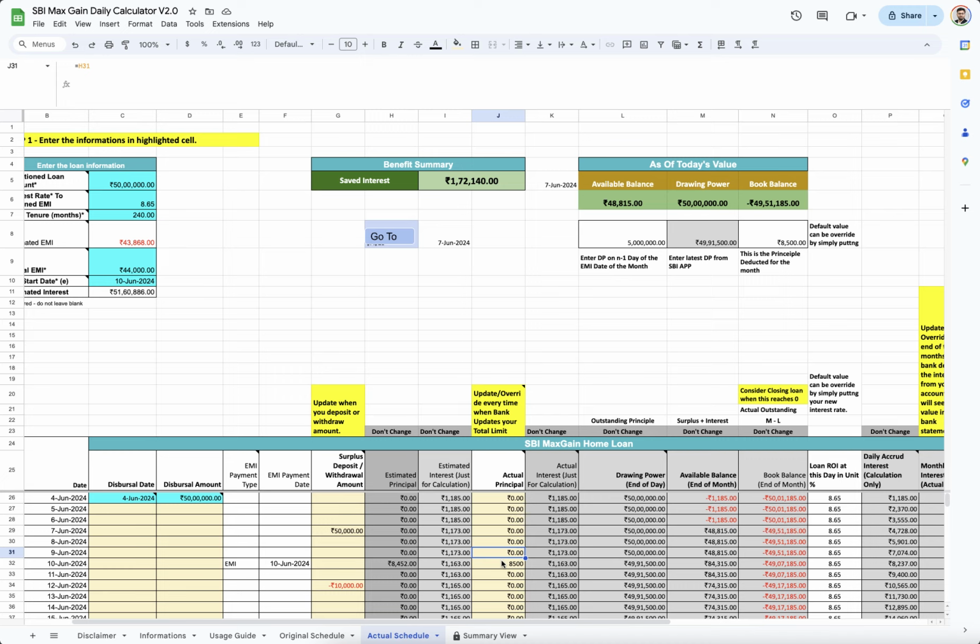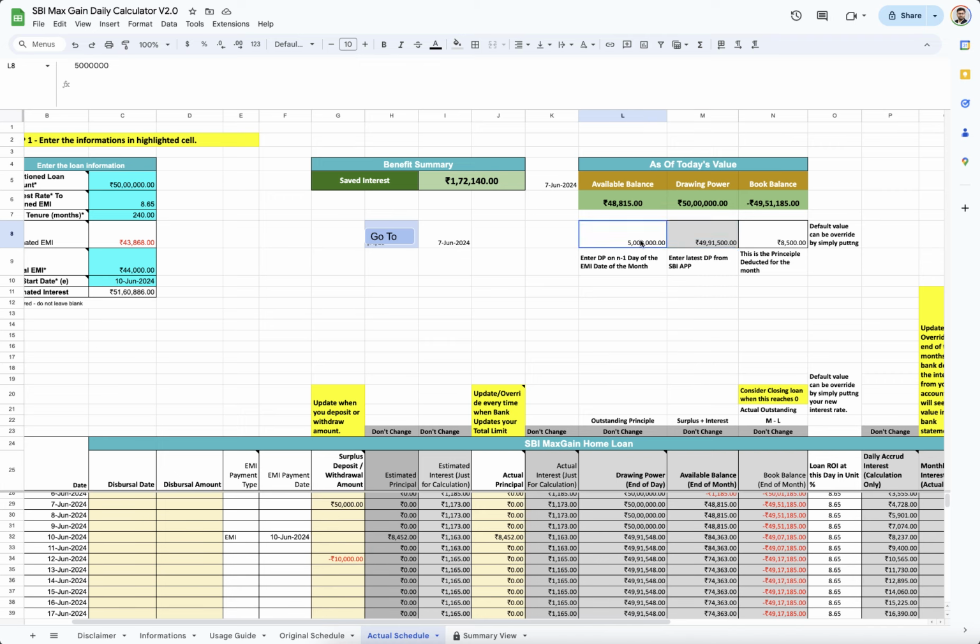Don't worry about it. So try to maintain this principal reduction so that the drawing power becomes accurate, right? So this is one way. That's why I have put it here. This calculation will always remain like this.